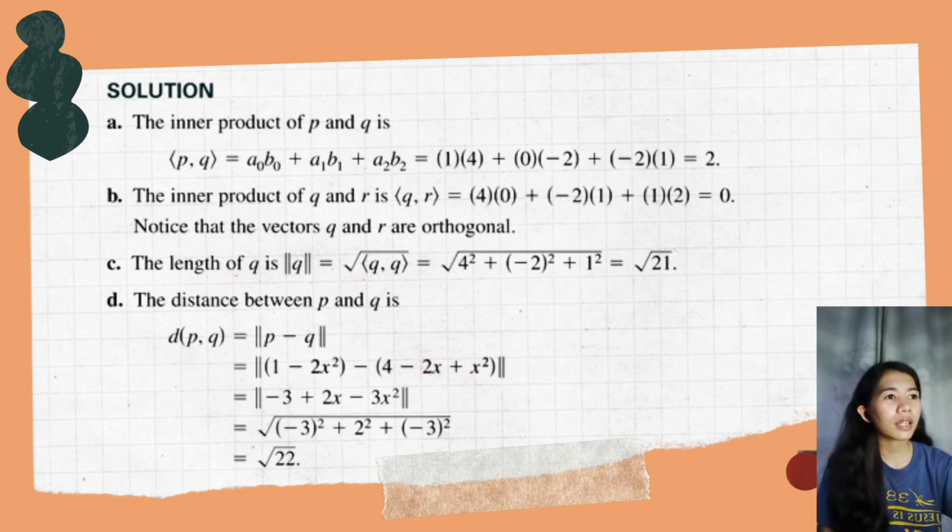And letter D, the distance between p and q is, first, we will put those terms in p, 1 minus 2x raised to 2, minus 4 minus 2x plus x raised to 2, which is equal to negative 3 plus 2x minus 3x raised to 2, and then equal to the square root of negative 3 raised to 2 plus 2 raised to 2 plus negative 3 raised to 2, which is equal to the square root of 22.